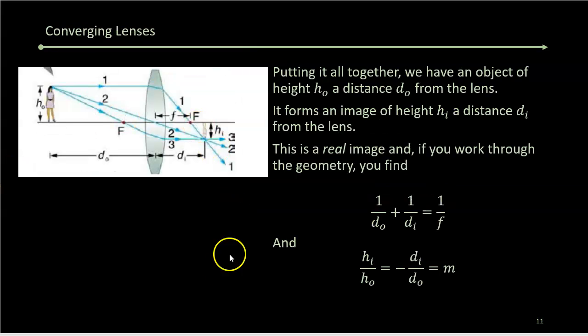You can also get virtual images with converging lenses if you're within the focal length. So if you take the object and move it inside the focal length, now you have a virtual image.